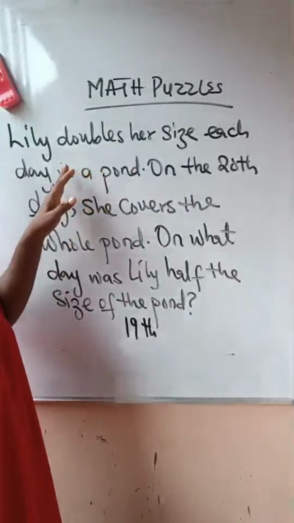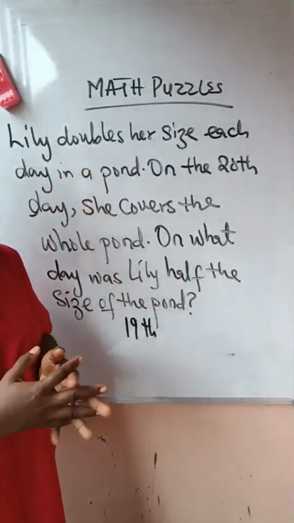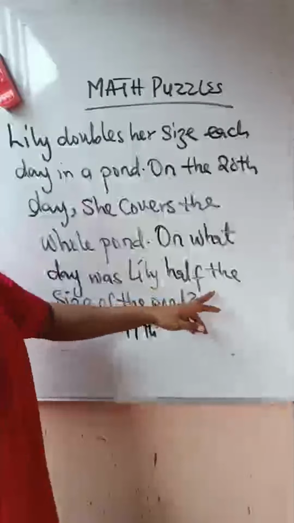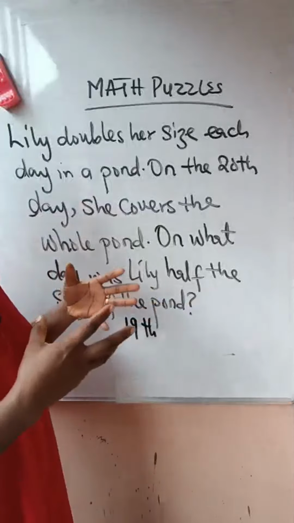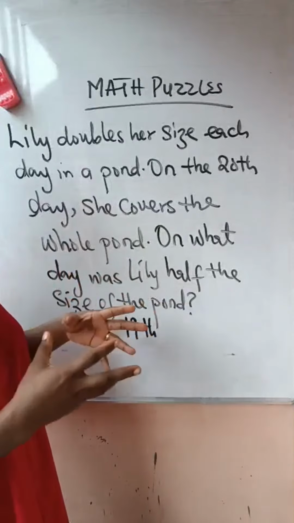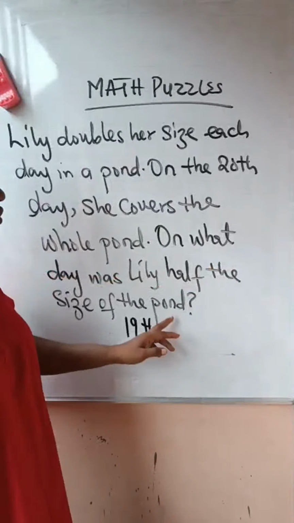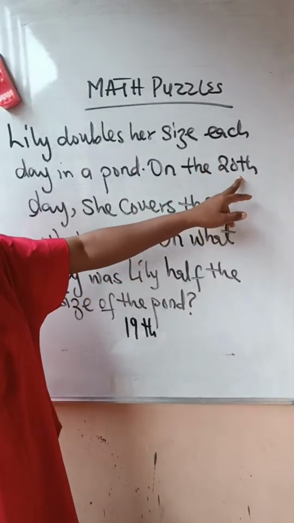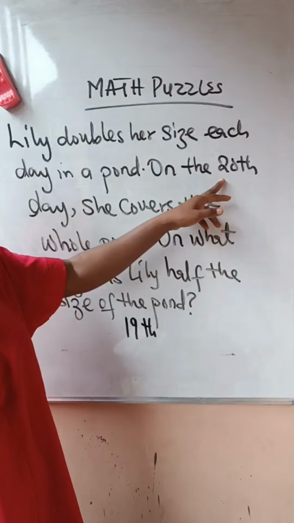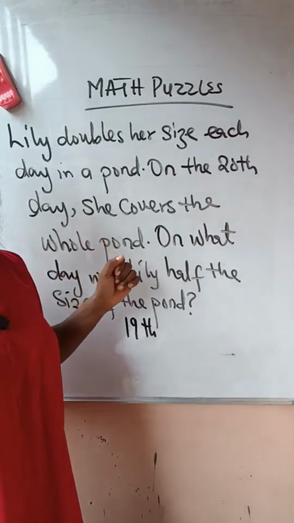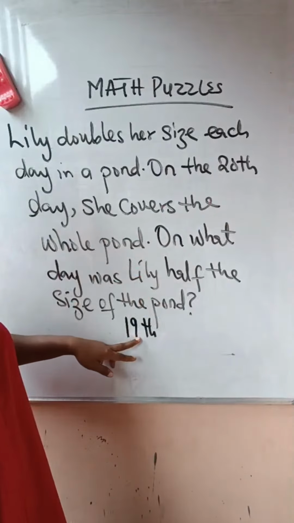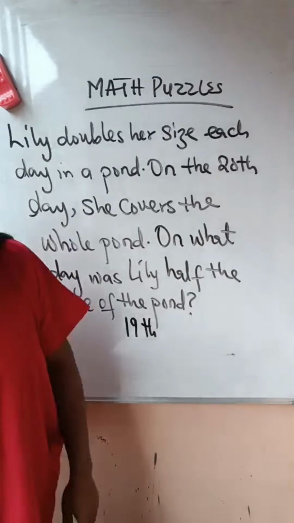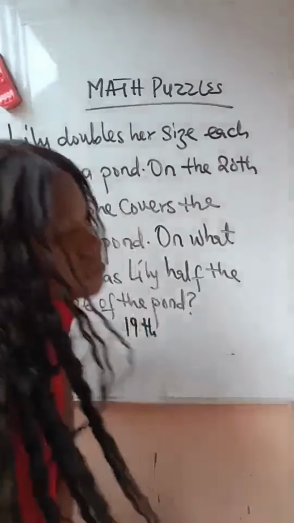When it got to the 19th day, that is when it got to half its size, because on the 20th day it will add half of its size again to fill up the pond. So it's not on the 5th or the 10th day, as some of you were suggesting, or on the 14th day, as some of you suggested. It's actually on the 19th day. Yes, that is the answer.